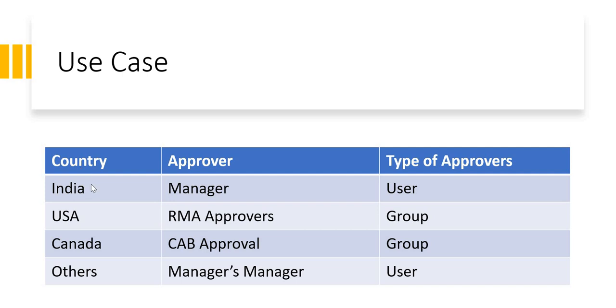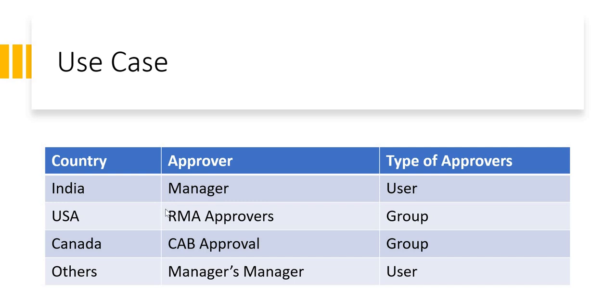So if the user belongs to India, then we will be sending the approval to the manager, and the type of approver would be user. And if the country is USA, then we will be sending approval to RMA approvers, which is of type group. So it's an approval group defined in the assignment group table, which is out of the box as well.